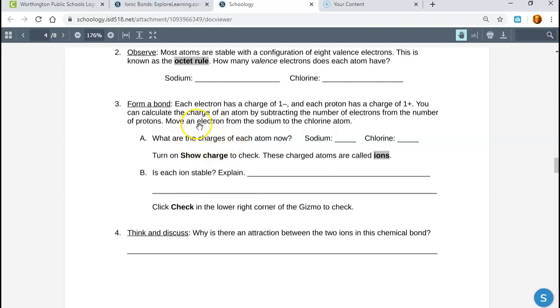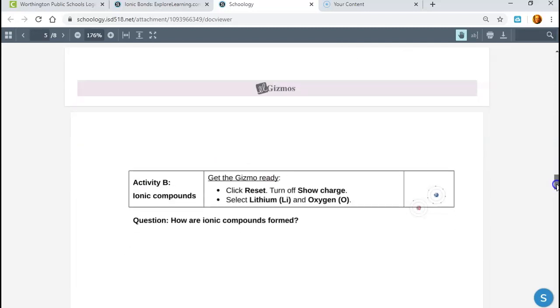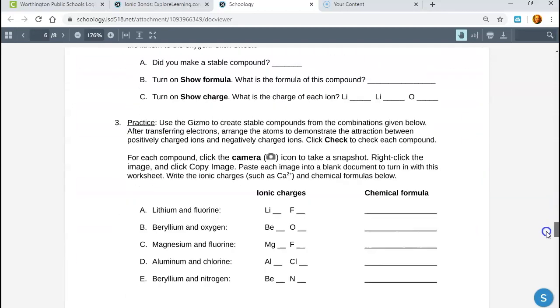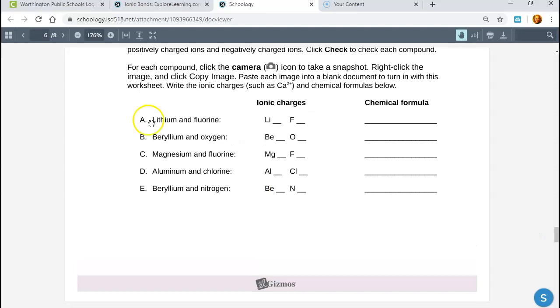Those are the positive and negative numbers. Then you'll do another one and another one. You'll try all these different combinations of atoms and write down the formula. The formula will tell you how many of each kind of atom you have. In some cases, you need more than one of an atom to make everything happy and stable.